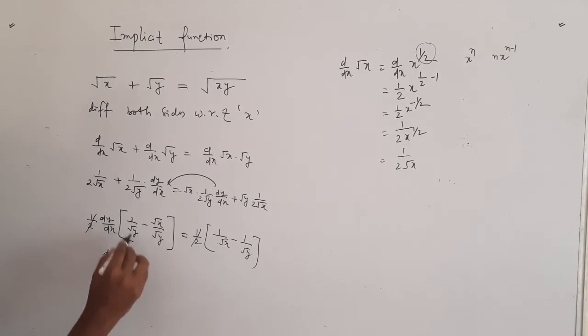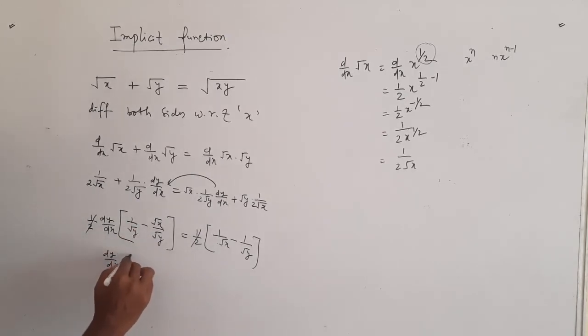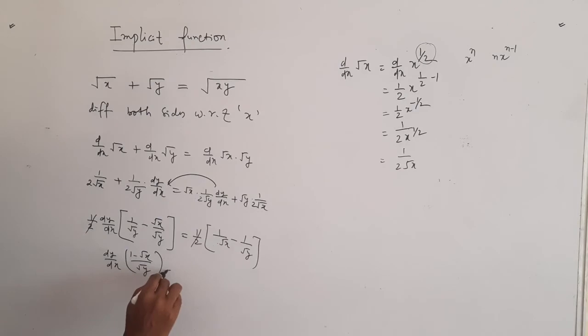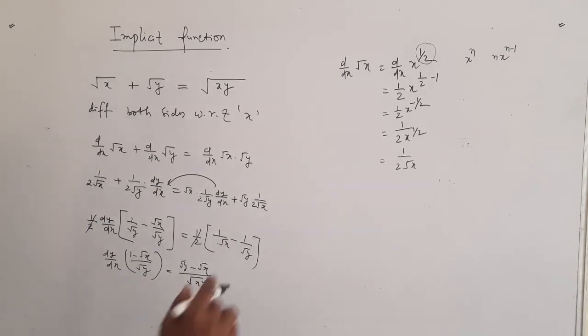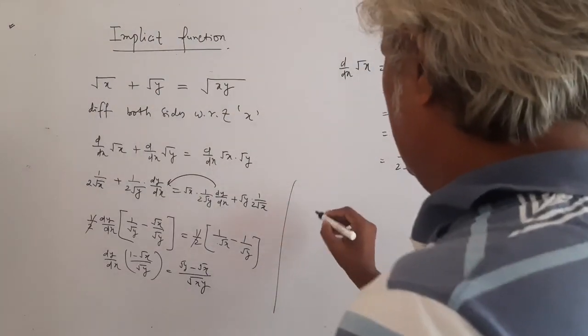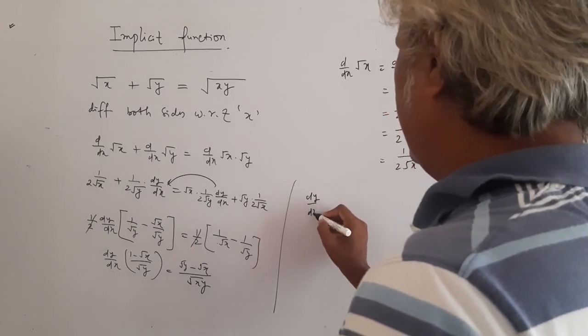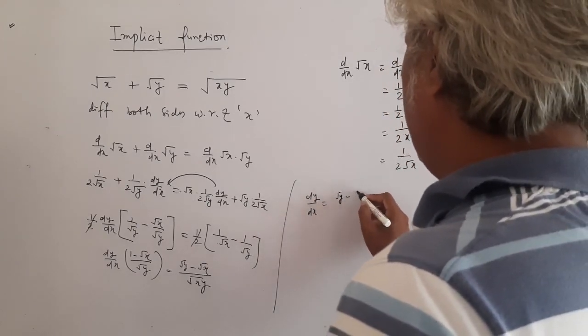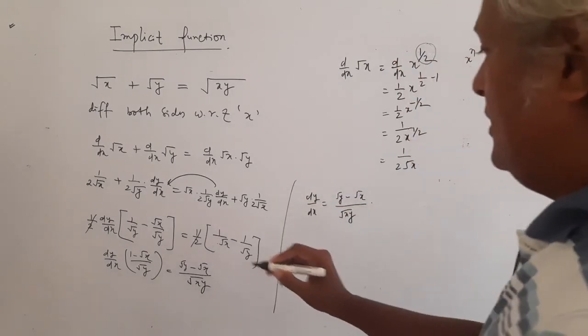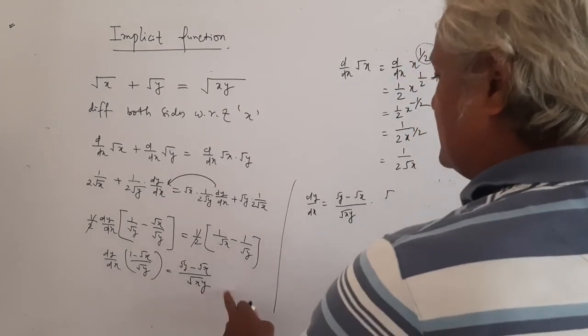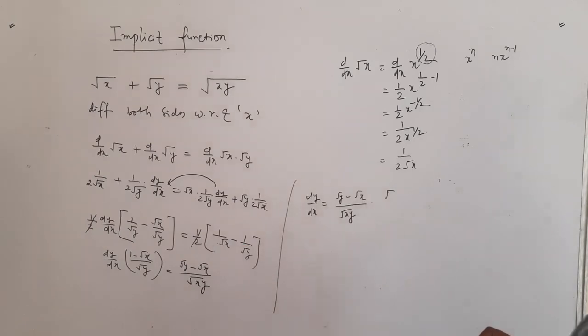Then your dy by dx, I can do a little calculation here and find this as 1 minus root x upon root y, taking the LCM, and this one is root y minus root x upon root y. Now this term will divide this term, and I write here: dy by dx is root y minus root x upon root xy into this reciprocal, because this is coming on this side divided, so we know how to divide: take the reciprocal and then multiply.